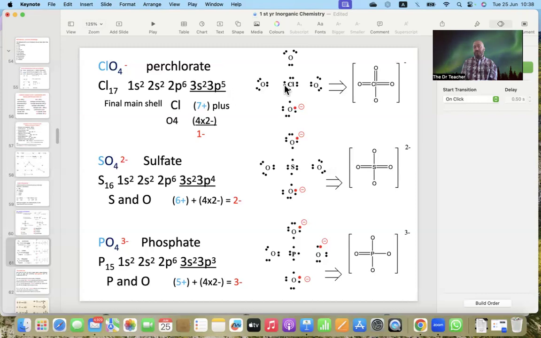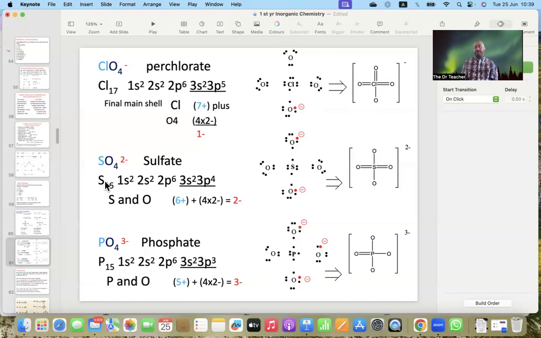These 7: 2 here for the double bond, 2 here, 2, and 1. 2, 2, 2, 1 will be 7. So 7 electrons are lost from the chlorine for bonding. Each oxygen has 2 minuses. 4 oxygens, 8 minus. 8 minus plus 7 becomes -1. So the overall charge of the perchlorate group is -1.